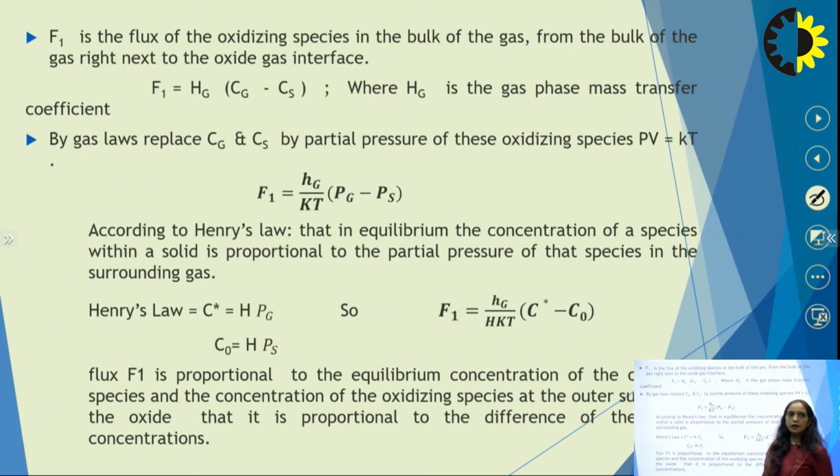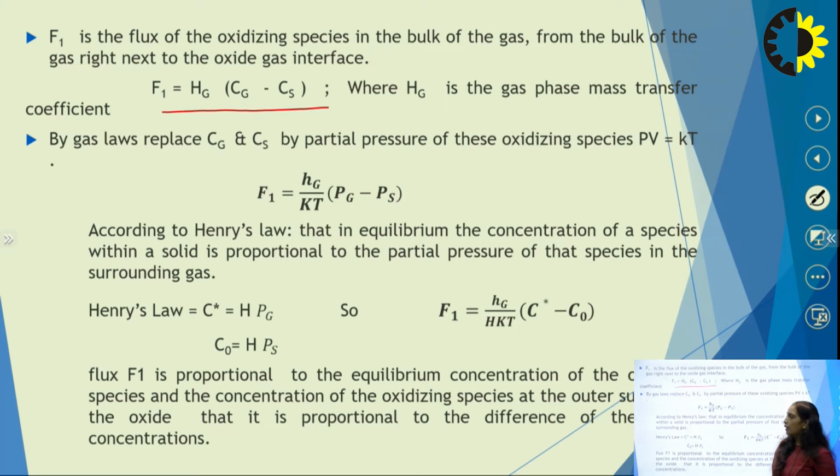So F1 is the flux of the oxidizing species in the bulk of the gas. From the bulk of the gas right next to the oxide layer, we can write flux F1 equal to Hg times (Cg minus Cs), where Hg is the gas phase mass transfer coefficient, a proportionality constant.